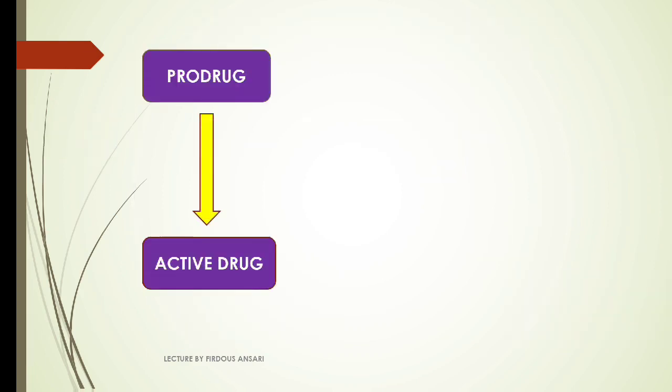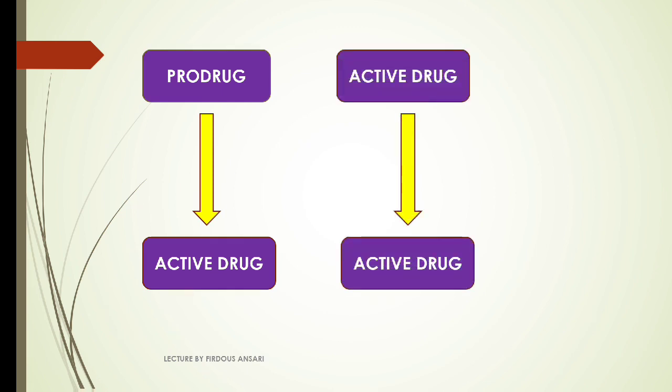Now, there are a few drugs which are prodrugs as such, and when we consume them, they undergo metabolism and get converted into active drug. There are a few drugs which are already active, and after metabolism, they get converted into another active drug. So what do you think? Can we apply TDM in such kind of drug? The answer is a big no. Because what should we calculate, the dose of the prodrug?